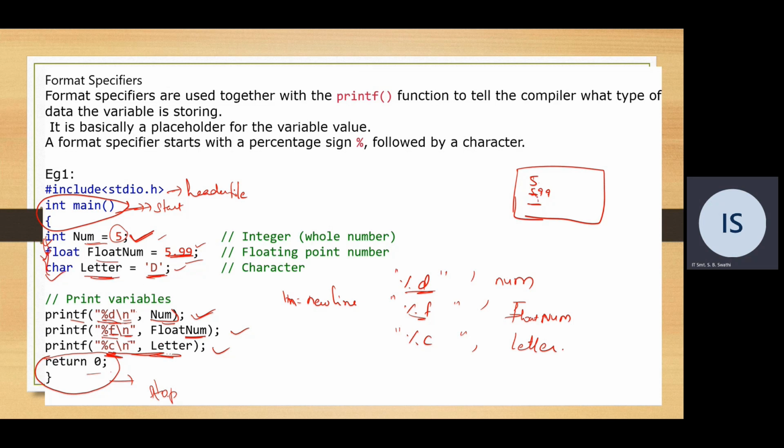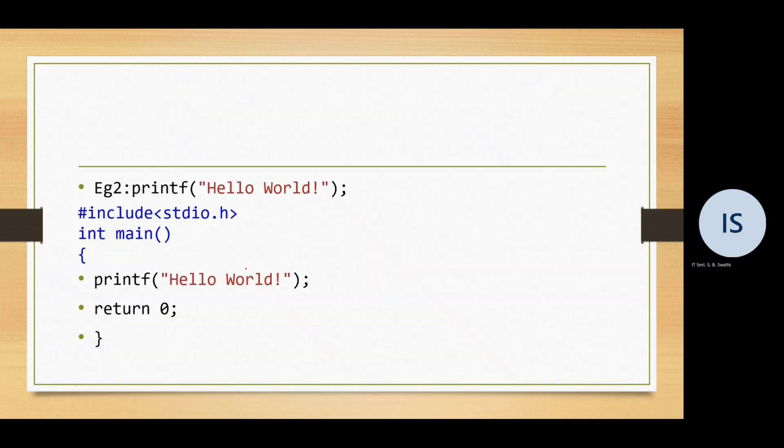The value is D. Then again slash n is there, and it will wait for the next printf statement. Here there are no more printf statements, so it will be kept blank. In this way, outputs will be printed one after the other. If you use slash n, it will be more clear to you. And this is a simple statement.